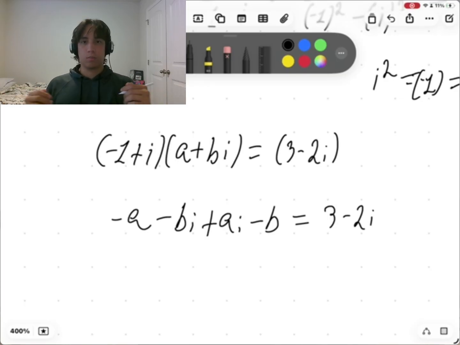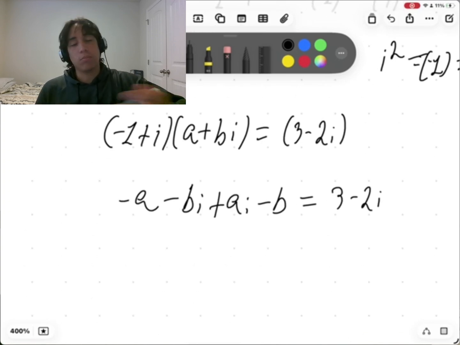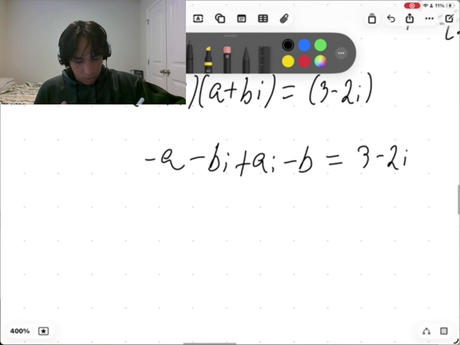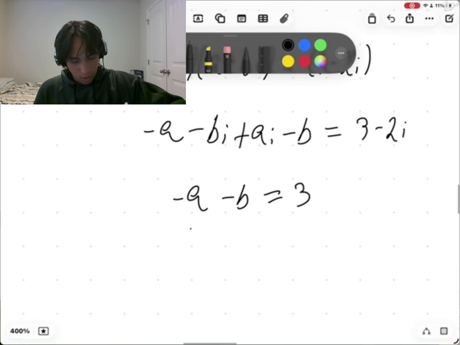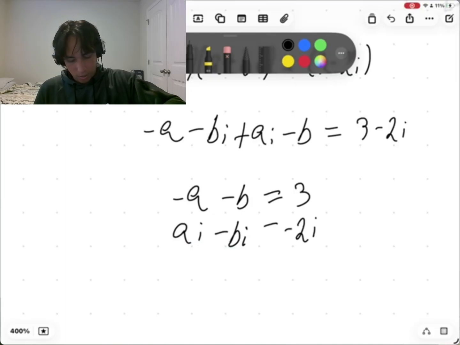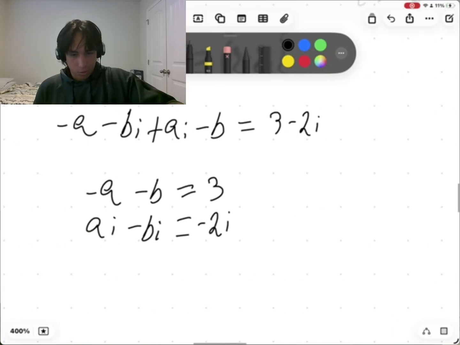And since we can treat complex numbers as vectors, since the real part and the imaginary part really don't touch, we can separate the imaginary part and the real part here as well. So we get -a minus b equals 3. We get ai minus bi is -2i. Right?